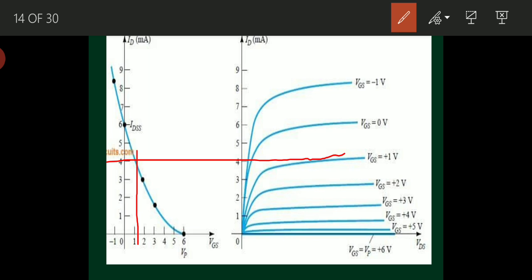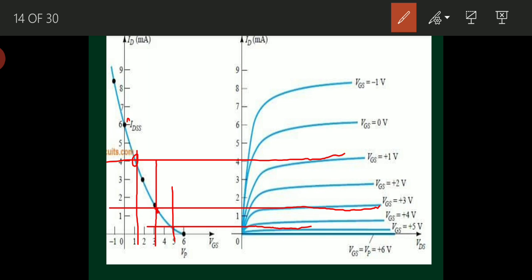The intersection point is the point we plot on the VGS versus ID curve. When VGS equals 3 volts, draw a line vertically and horizontally, and take the intersection as the locus point. When VGS equals 5 volts, draw a line vertically upwards, draw a horizontal line, and put a point there.